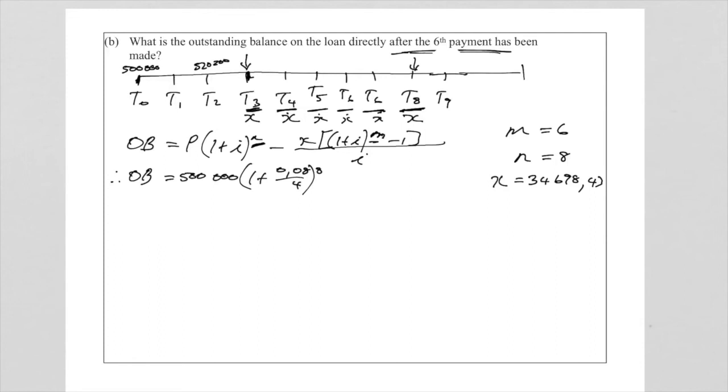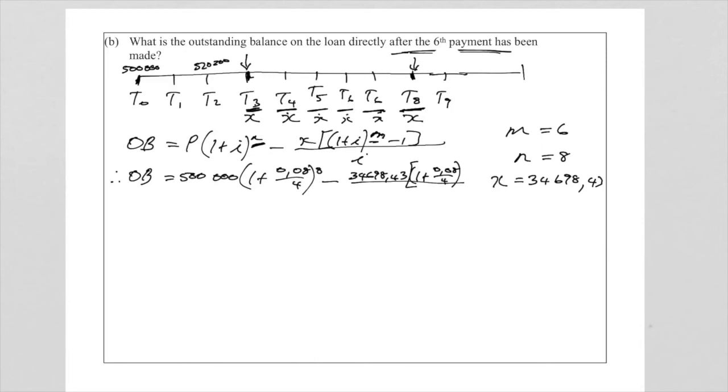Please take note, the loan was granted at T0, and we now want to grow it right up to T8. From that, we're going to subtract our X, 34,698.43, and then we say 1 plus 0.08 over 4.